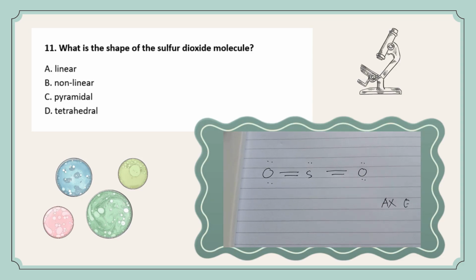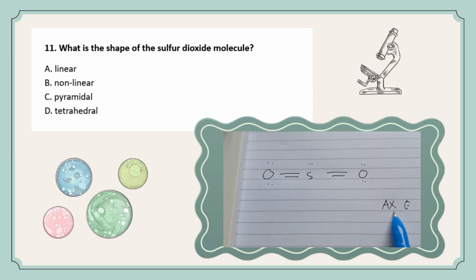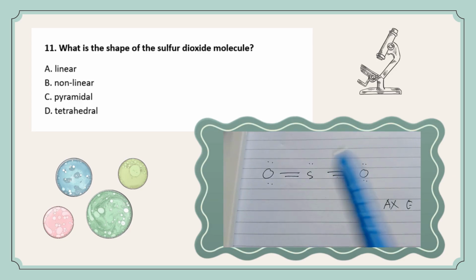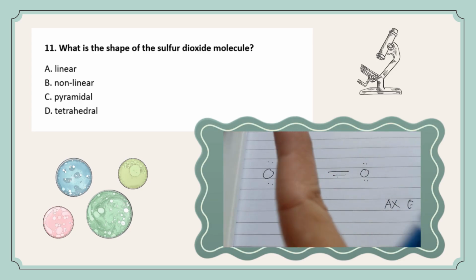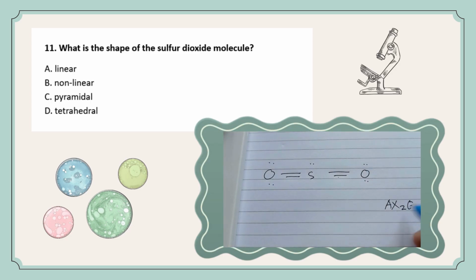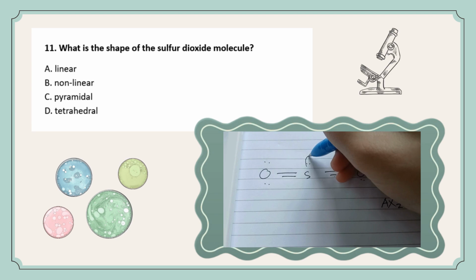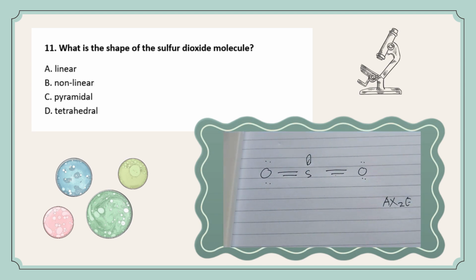I'm on number 11, so let's identify this. For AX, or the double or pair of electrons, we have 1 and 2, because a double bond is counted as 1, so we have AX2. And E is for the lone pair of the central atom, the S, so we have 1 here.